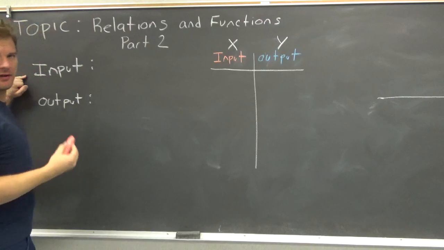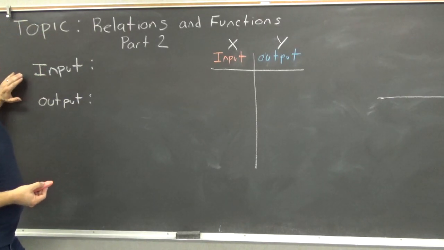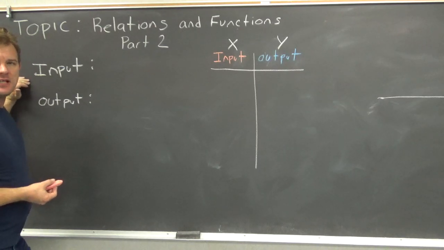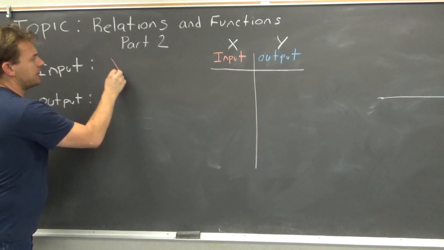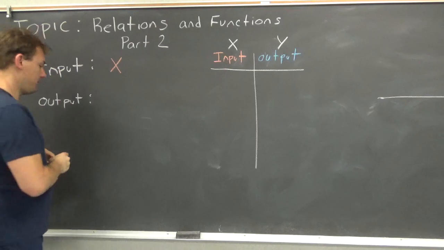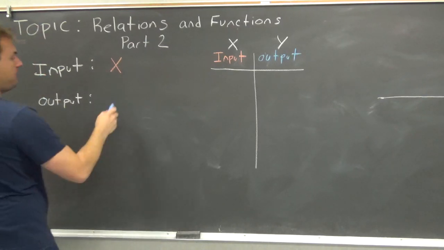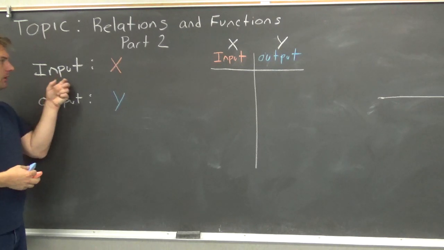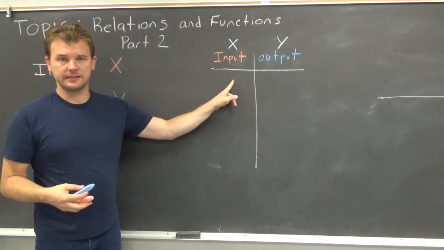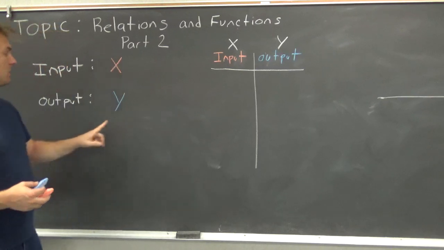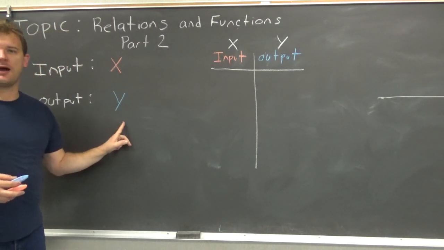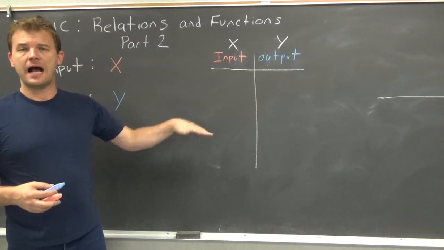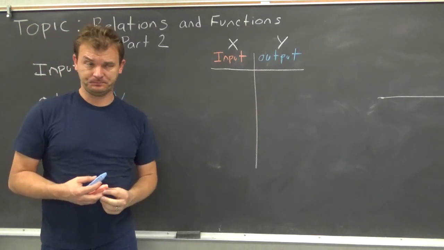I want you to think about these two words, input and output. This is your x's, and these are going to be your y's. Your inputs are what you put in for your x's. Your output is what you're going to have for your y's. So remember, if I put in something, I get out something.